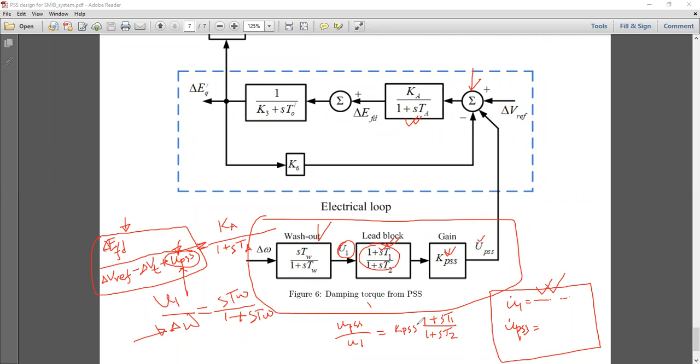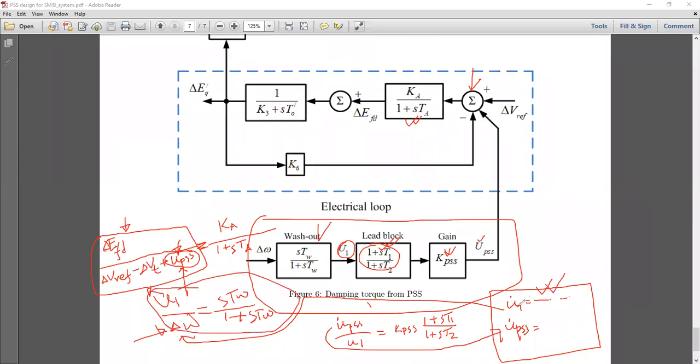In this way, you can cross multiply this, and you can replace the expressions for U1. There will be one U1 dot actually. So U1 dot will be available from this expression, you replace it there, and ultimately you will get UPSS dot. And this U1 dot would be available from this relationship.